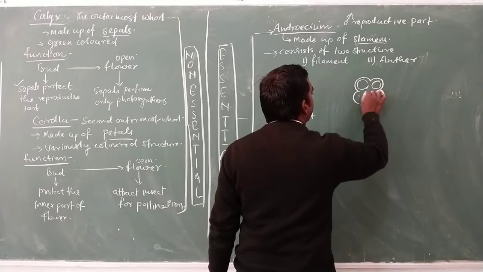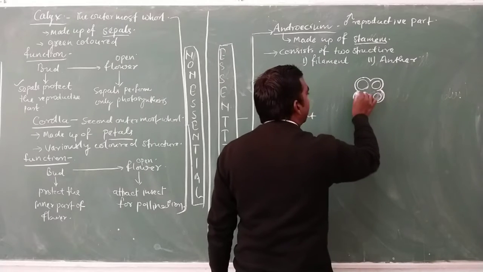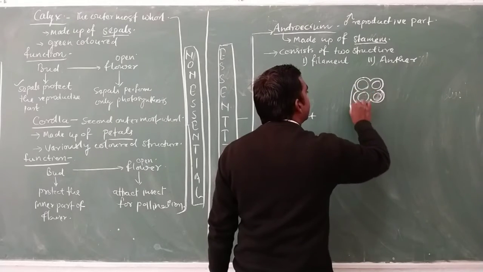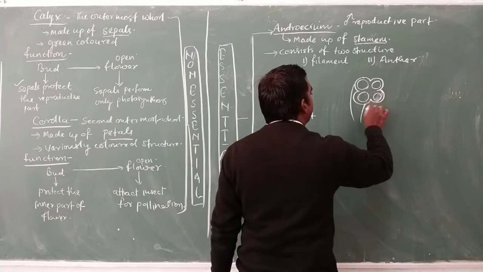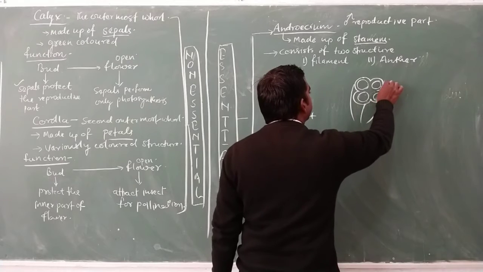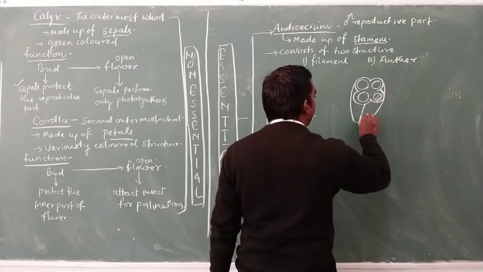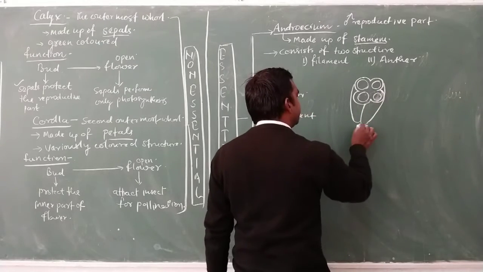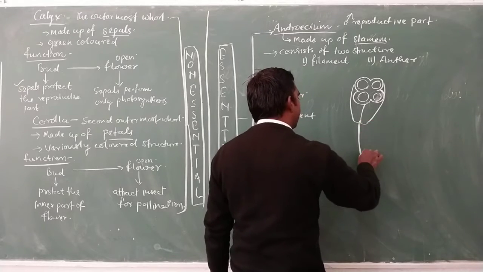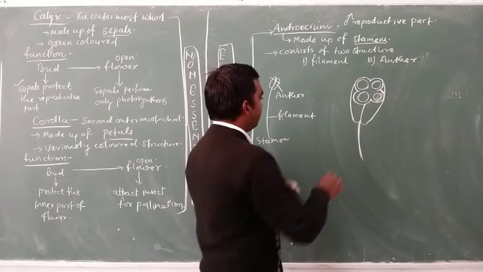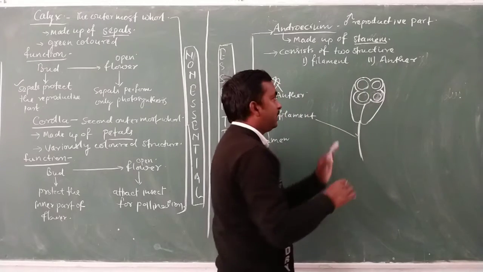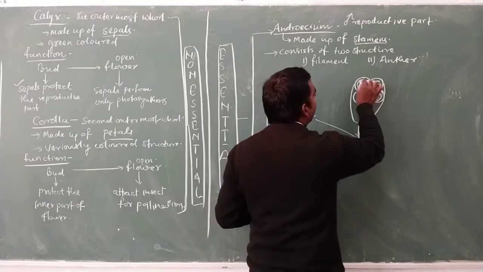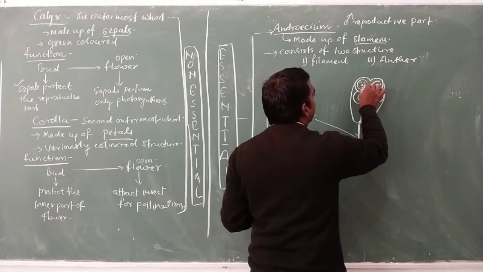If we cut the anther, we can see this structure easily. So suppose this is the filament, and when we cut the anther, inside the anther we can see a number of chambers, or there are 4 chambers.